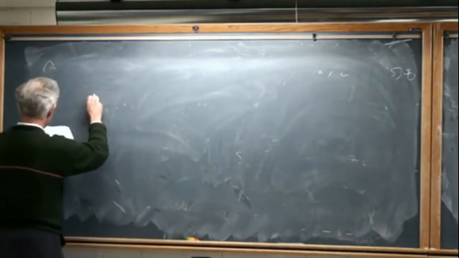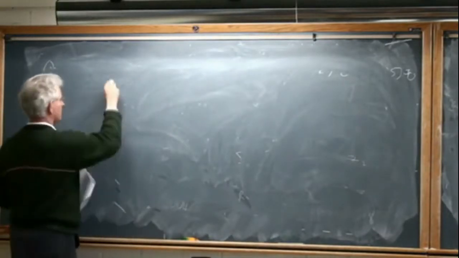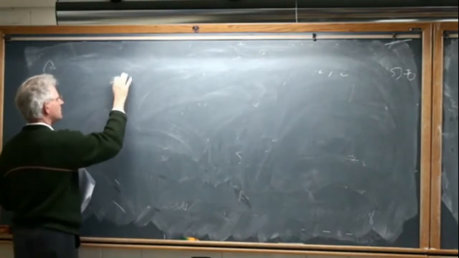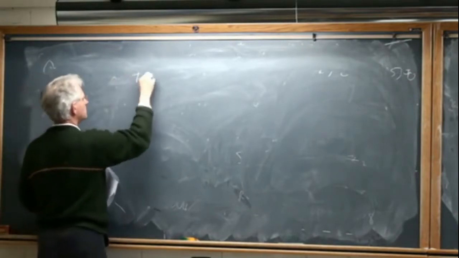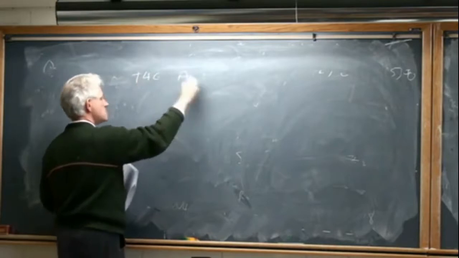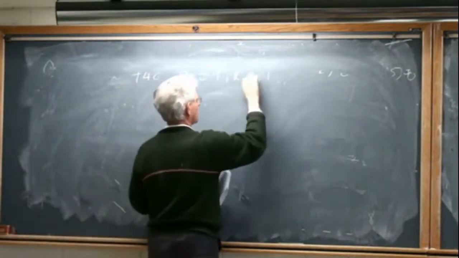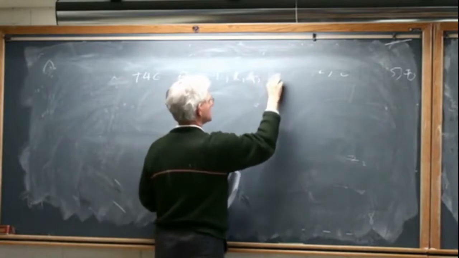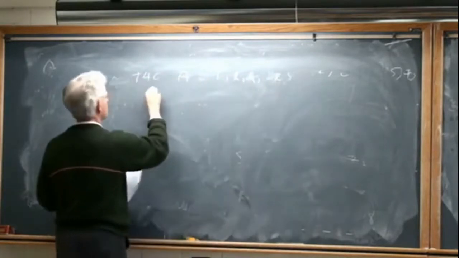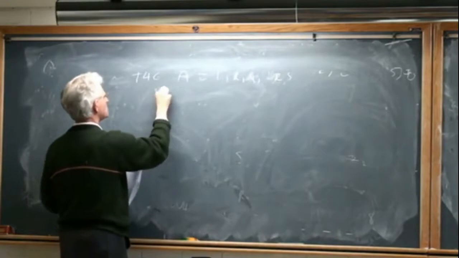So, I want to summarize the values of A for which interchange holds.